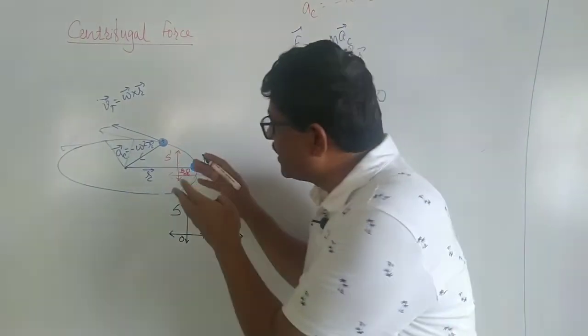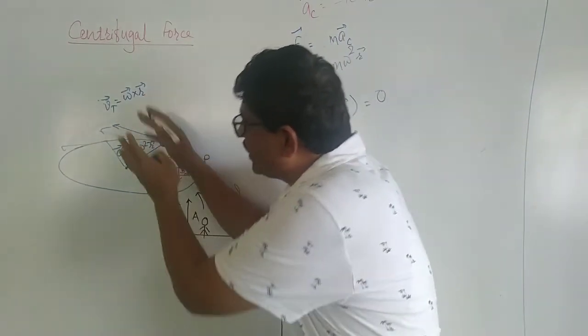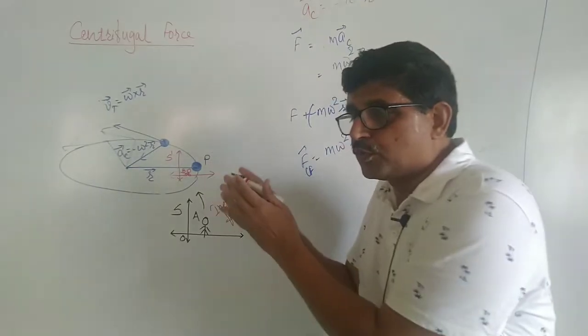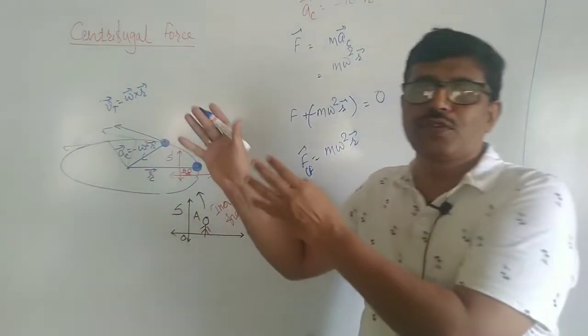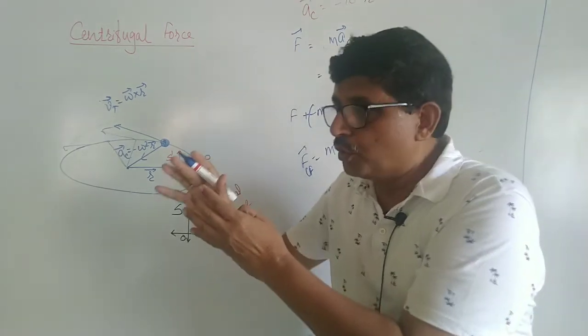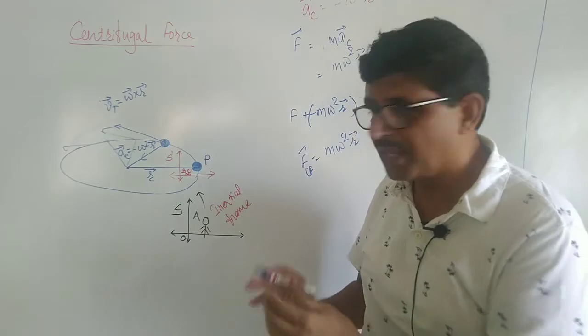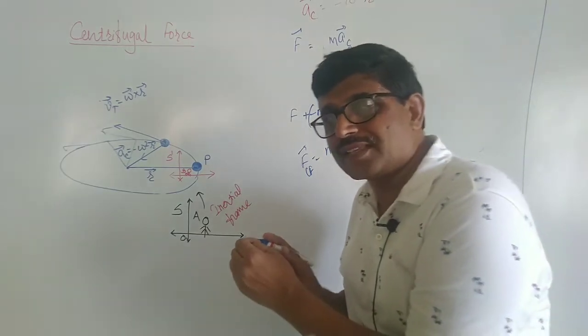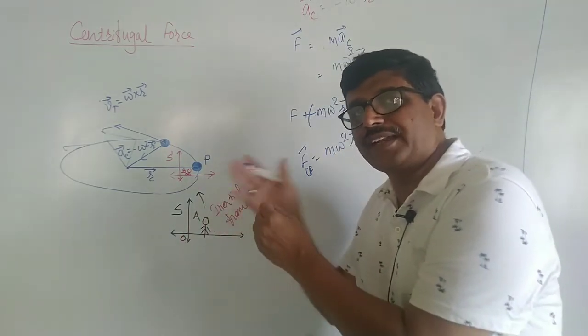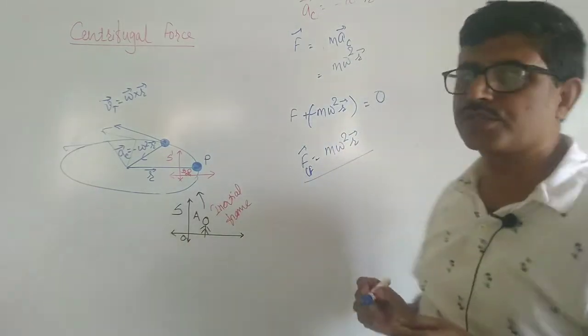And the inertial tendency to remain in the same straight line along the tangent makes the object move away from the circular path. It is because of the accelerated motion which tries to maintain its motion along the tangent, and that is the centrifugal force.